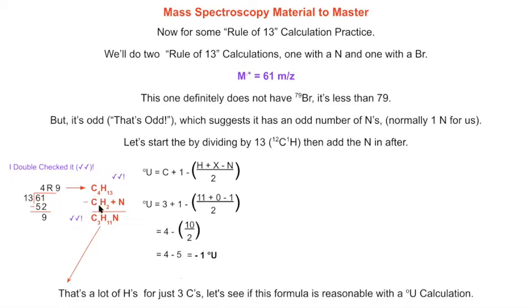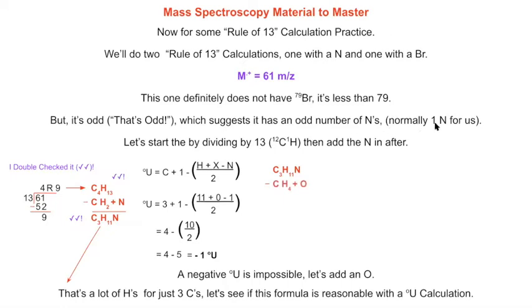So the problem with this formula, too many hydrogens, huh? How can I get rid of some hydrogens and still have a formula that weighs 61? I don't have enough carbons for that many hydrogens. One way you can do this is you could add an oxygen.